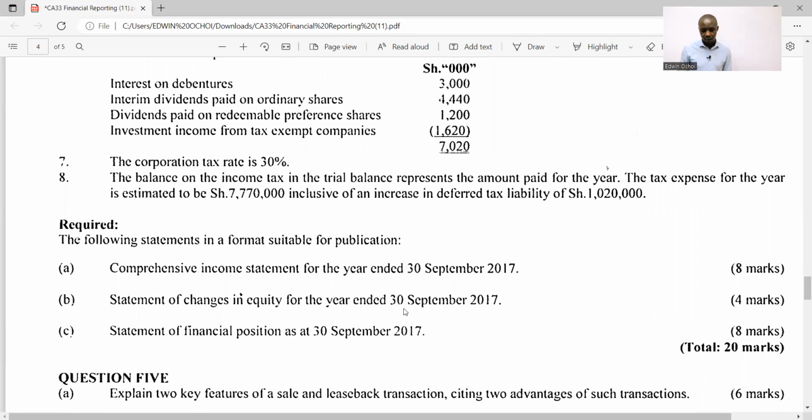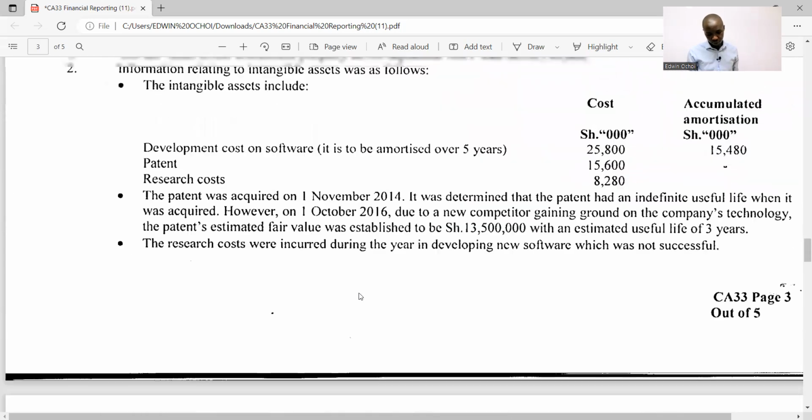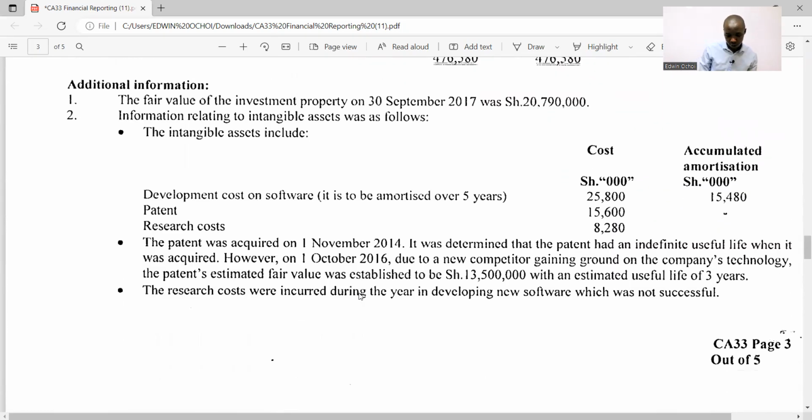They need 3 statements: income statement, statement of changes in equity, and a statement of financial position. You can only do the 3 once you have interpreted the additional information well. So let's start by interpreting the additional information from number 1 to the rest.